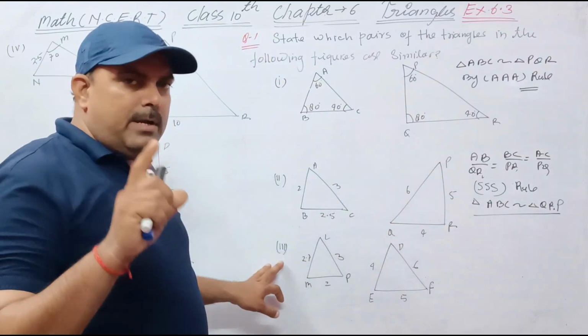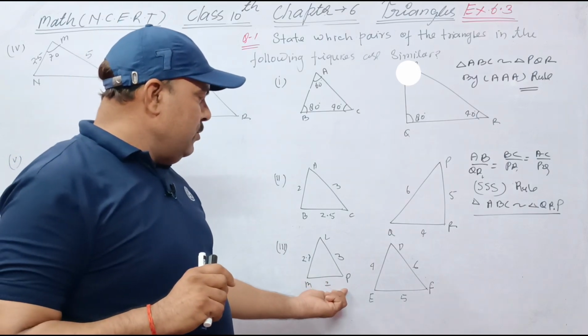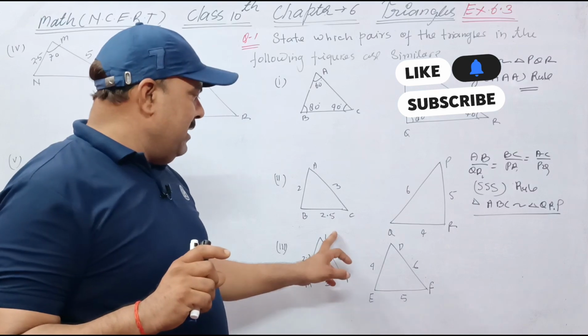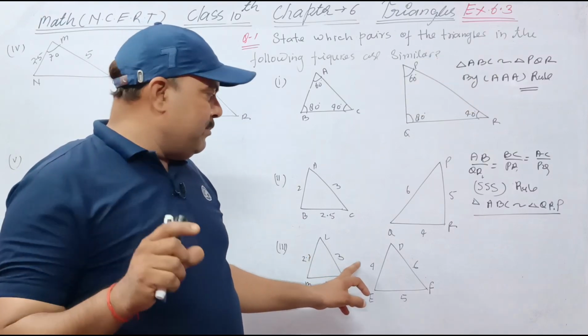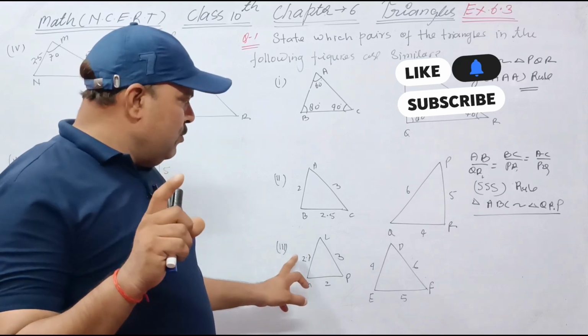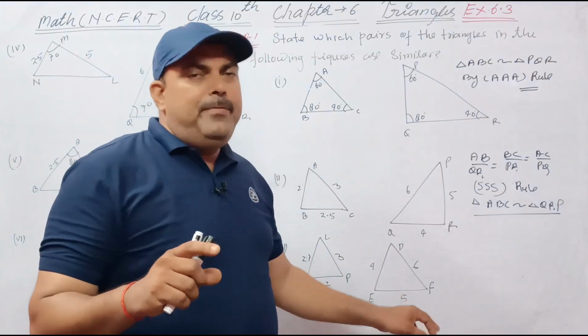In the third question, we are given that MP is equal to 2, which is proportional to DE. PL is equal to 3, which is proportional to DE. And LM is equal to 2.5, which is not proportional to FE.